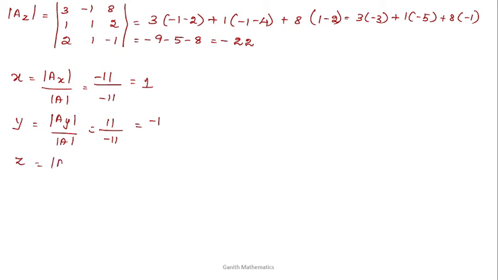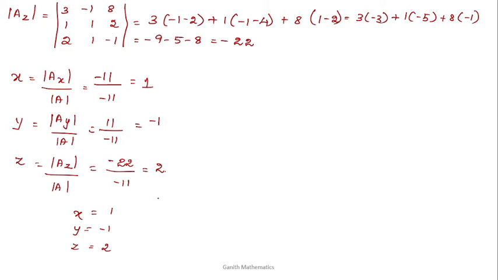And determinant of A z divided by determinant of A is minus 22 divided by minus 11, which is equal to 2. So we found x, y, z. x is 1, y is minus 1, z is 2.